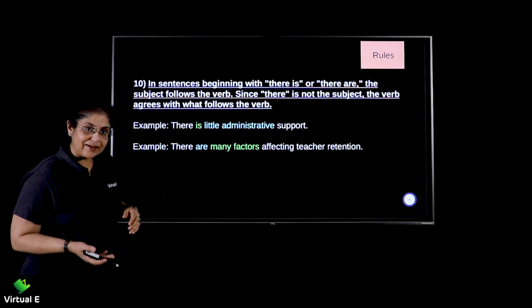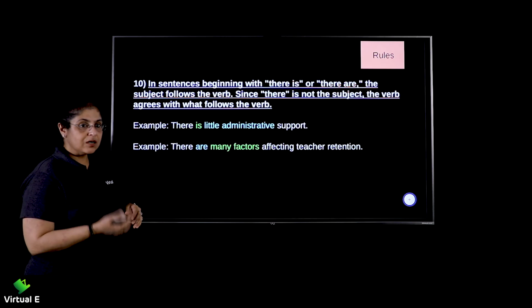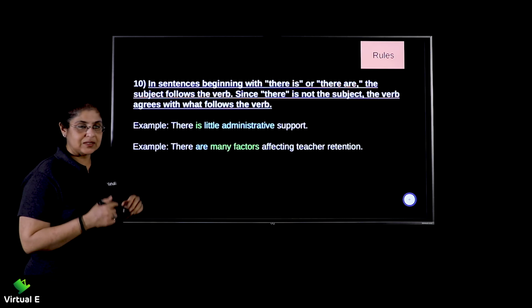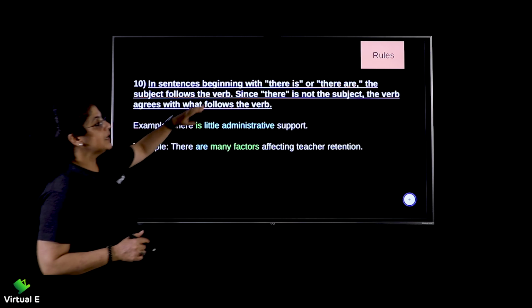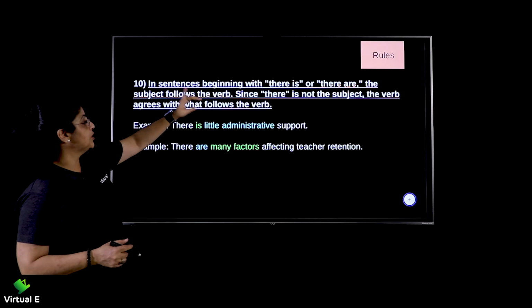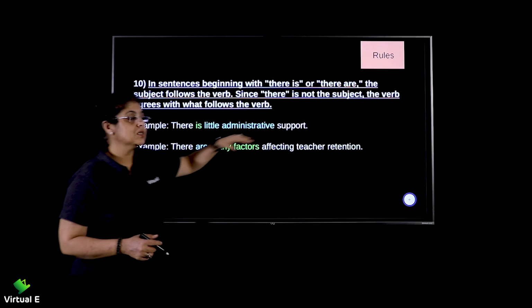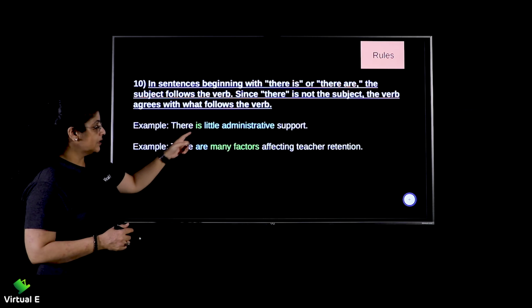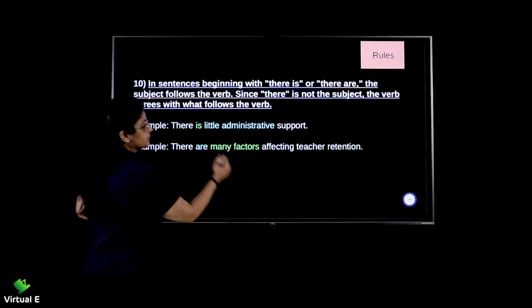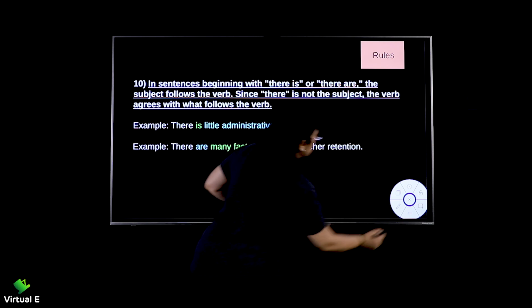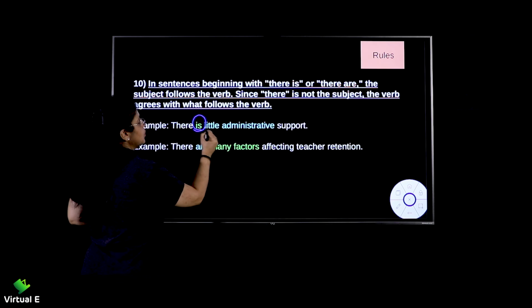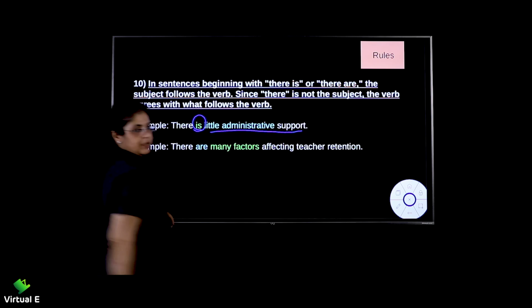Is there doing any action? No, it's not the doer of the action, so it is not the subject. So what happens to it? If that is not the subject, the verb agrees with what follows the verb.